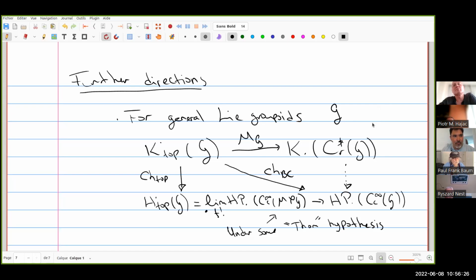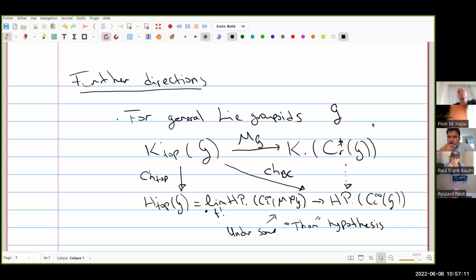With Kasparov, the situation there is very interesting. This is for connected, or maybe a finite number of connected components, Lie groups. As Richard said, this is not a conjecture, this is a theorem. But we now have an even stronger result, which implies Kasparov. If you take your original Lie group G, and then you form the, I don't know what to call it, the Mackey group, which is the cross product of the maximal compact subgroup acting on the quotient of the two Lie algebras.